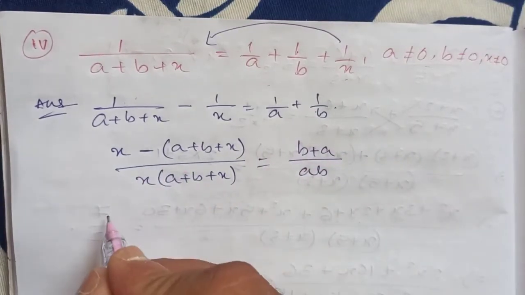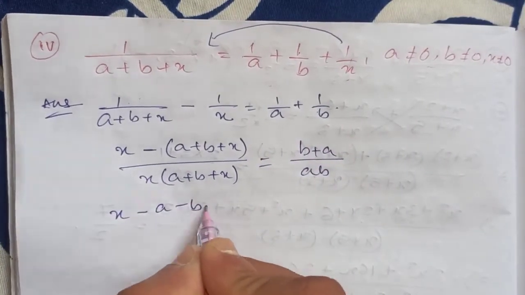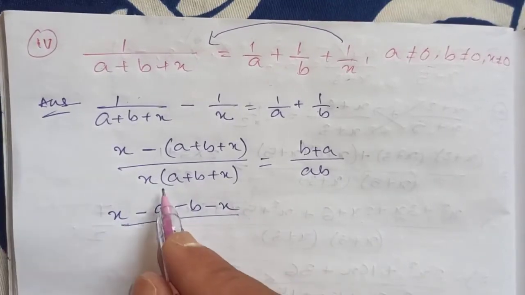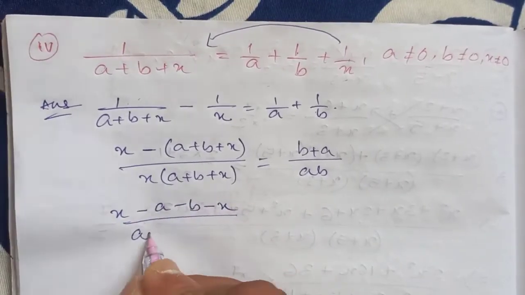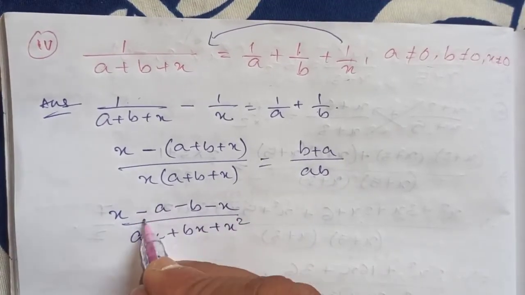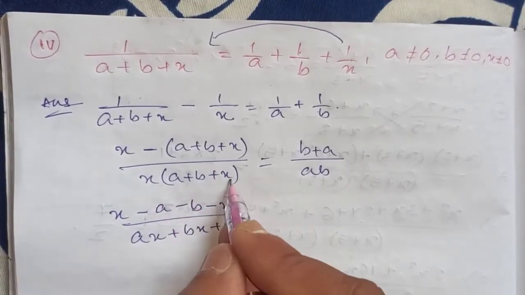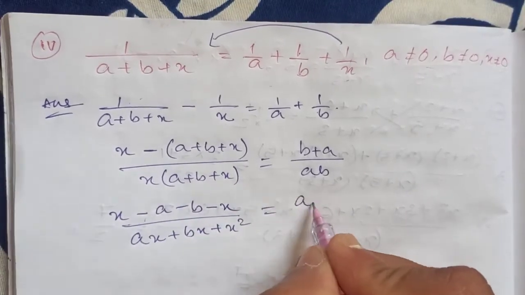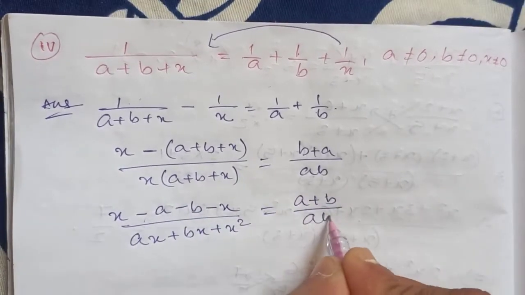Now open the bracket: x minus a minus b minus x, divided by, multiply these terms, ax plus bx plus x square, equals a plus b by ab.